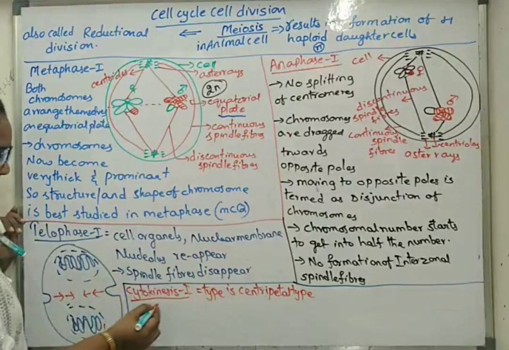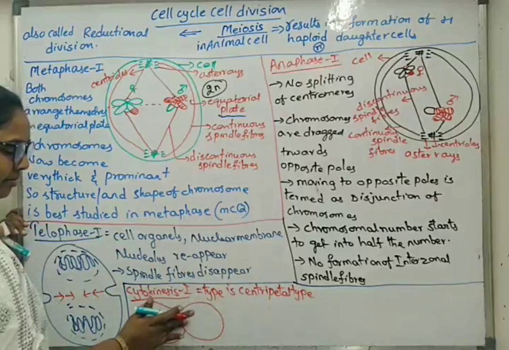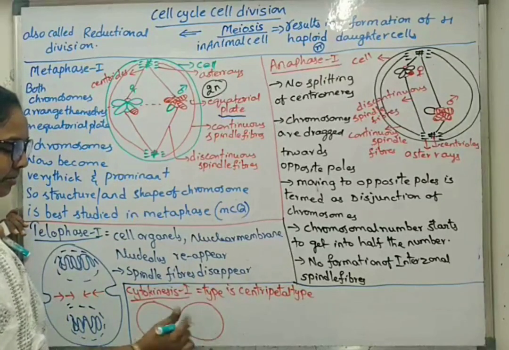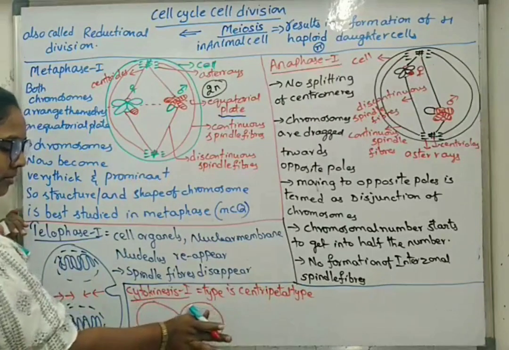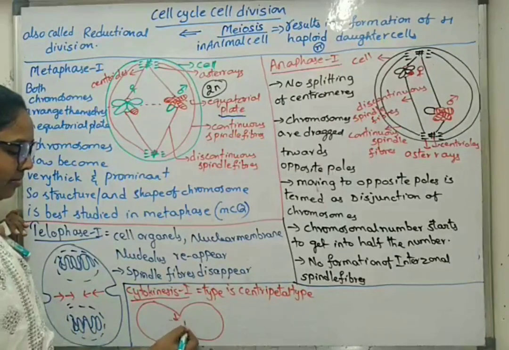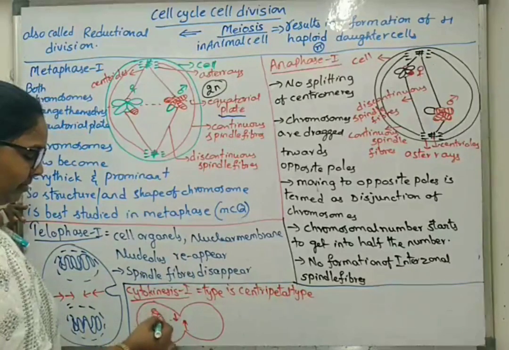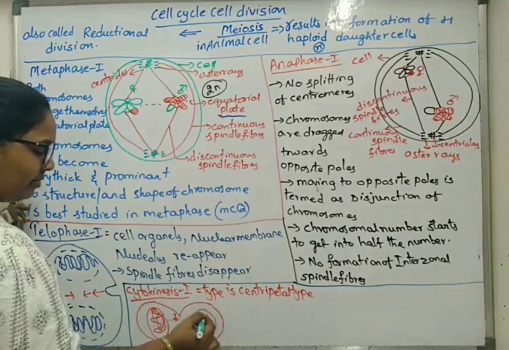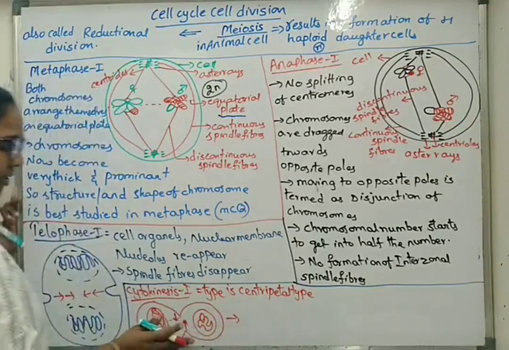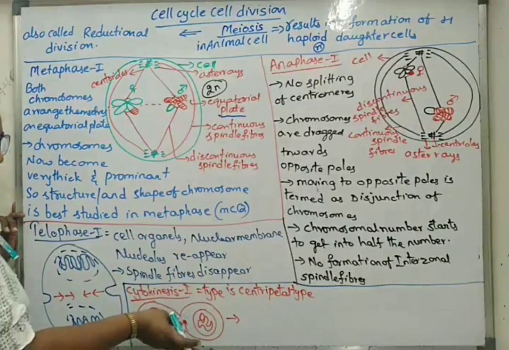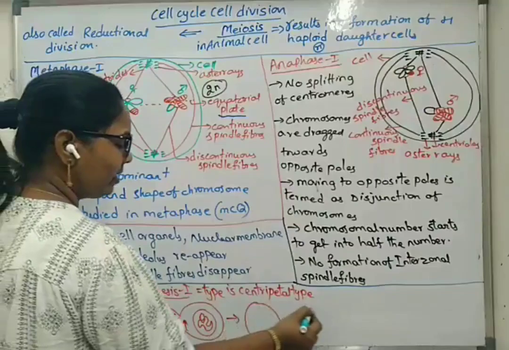So this part will be separated. In the next one, the constriction has increased much more. Now two baby cells will get separated.